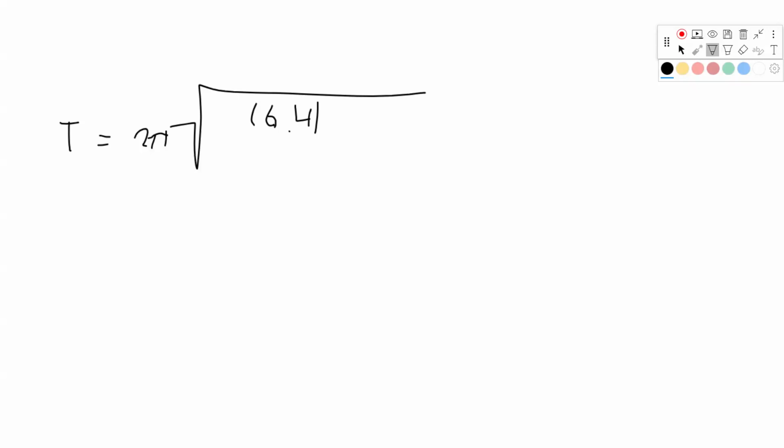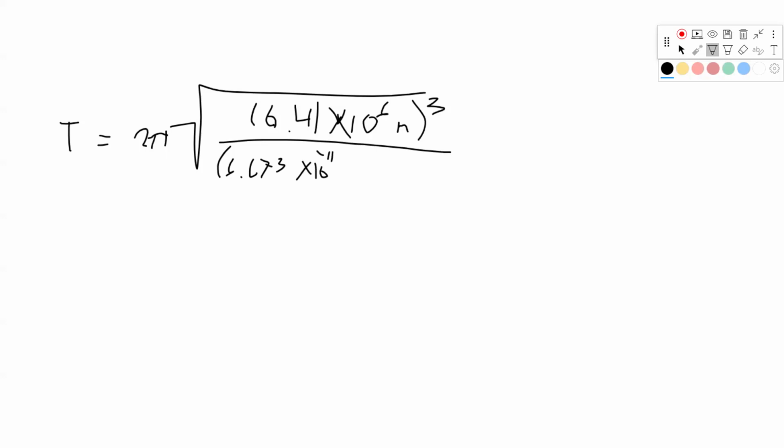6.41 times 10 to the 6th. And that's meters. And we're going to go ahead and cube that. Already forgetting the equation. And then that's going to be divided by that gravitational constant, our lovely 6.673 times 10 to the negative 11th.